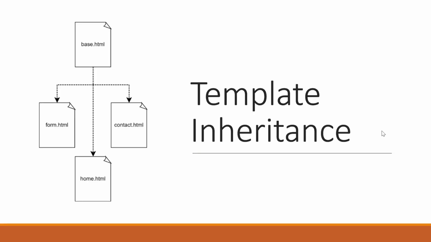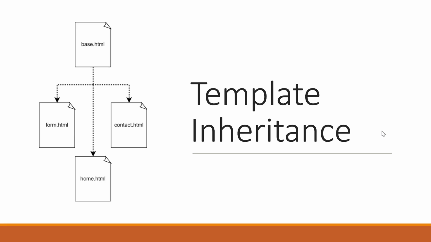Now let us discuss the concept of template inheritance with the help of an example. Now on the screen you can see one diagram. So let us consider that we want to build a company website. Now each page of the company website must have the same header and footer. So in such cases we can create a base HTML file which will hold the code for header and footer, and then we can inherit that base HTML file to create other web pages as well.